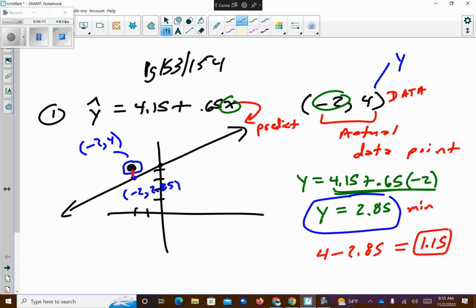So our prediction is lower than the data point showed. All the rest of the problems are basically doing the exact same thing. Number 11, on the second page, I think is the same.